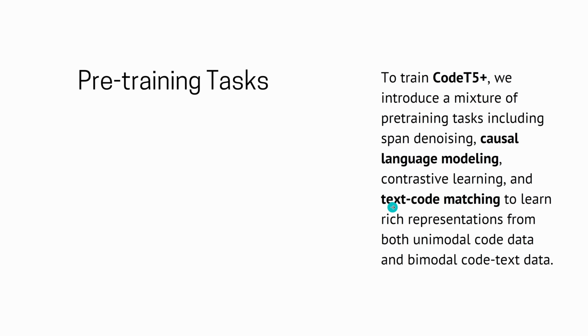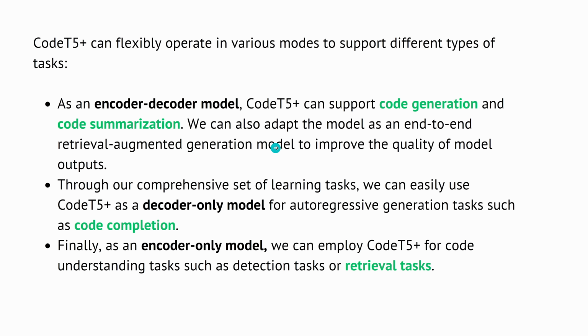This is the very first beginning of the video where I showed you the comparison of GPT-4 to StarChat that is based on the StarCoder base LLM. So this text-code matching is interesting for them, and they do this on an unimodal code and a bimodal code-text dataset.